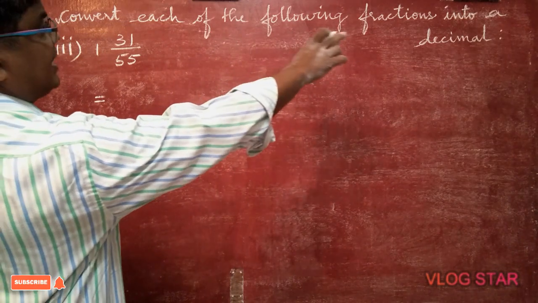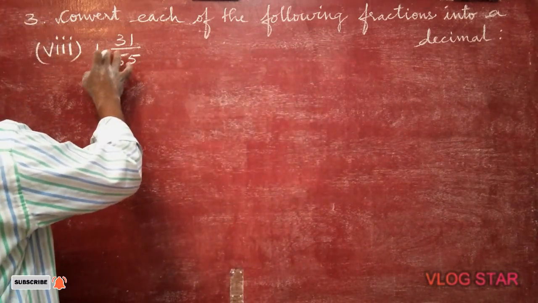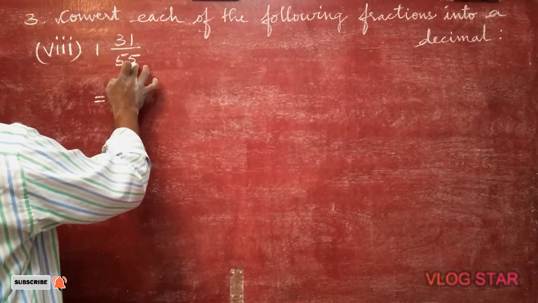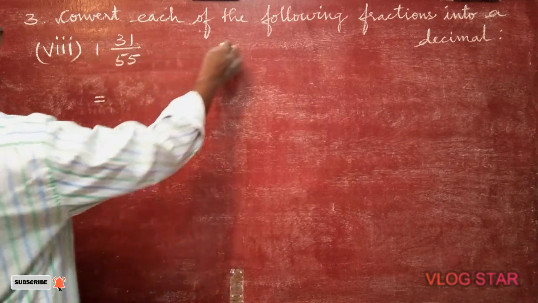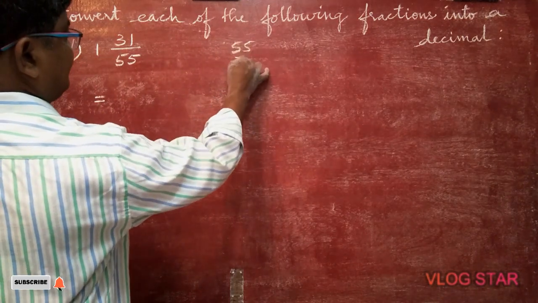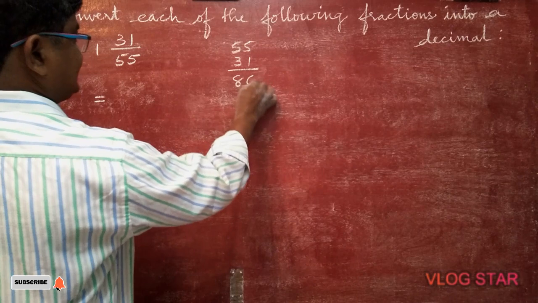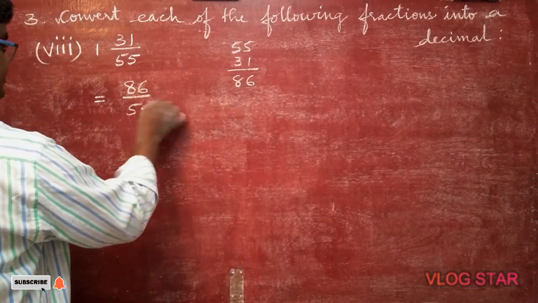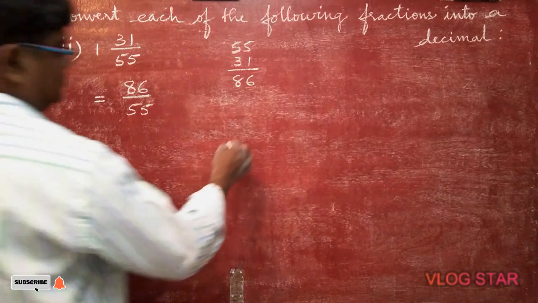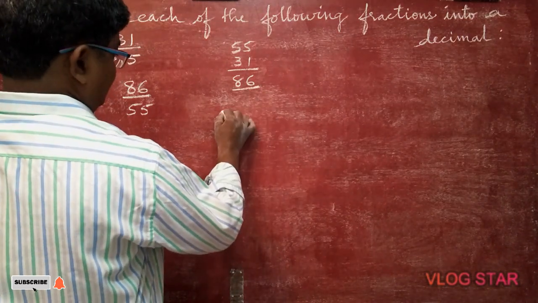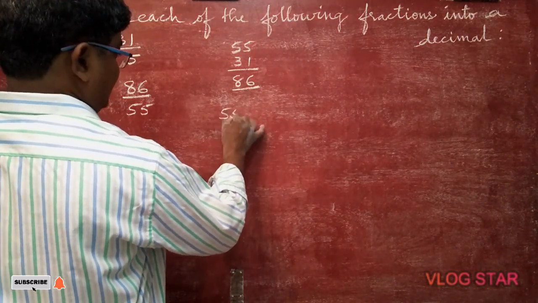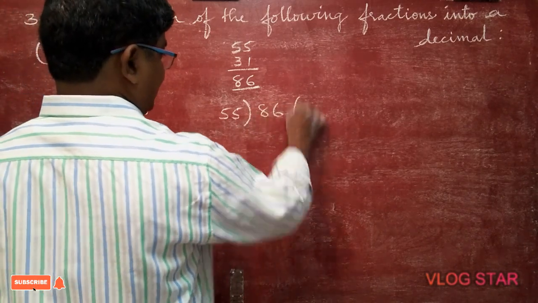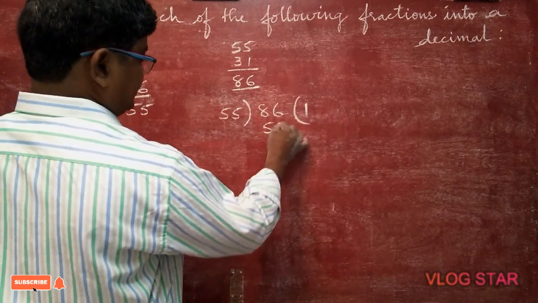Convert each of the following fractions into decimal. 131 by 55. 55 ones are 55. Add 31. 86. So 86 by 55. Now divide. 86 divided by 55. 1 time it goes, 55.